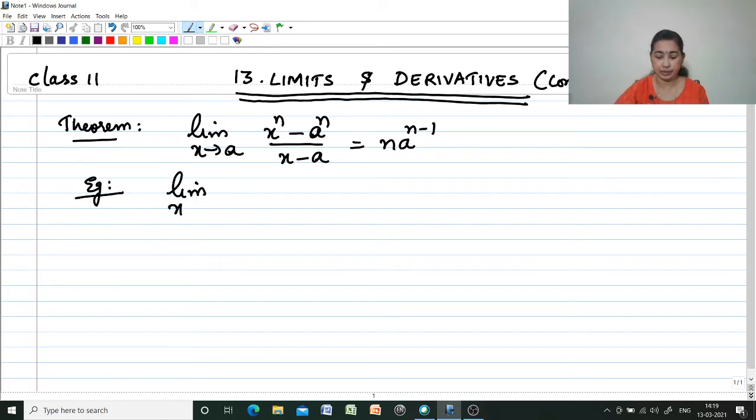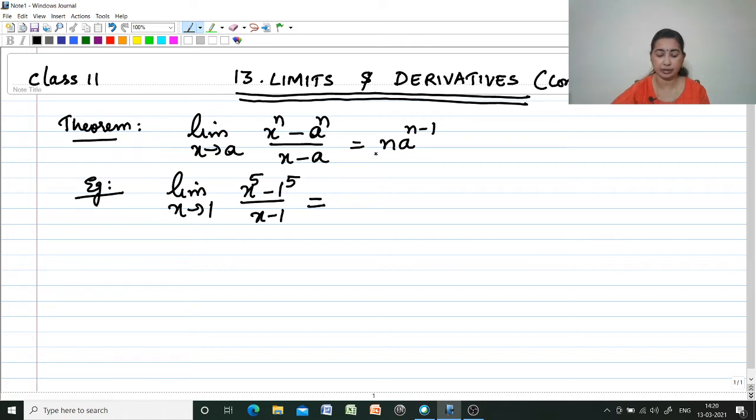Limit x tends to 1, x raised to 5 minus 1 by x minus 1. This is in the same form. 1 means it is 1 raised to 5. So both of these are in the same form. Instead of a it is 1, instead of n it is 5. So directly we can give the result.